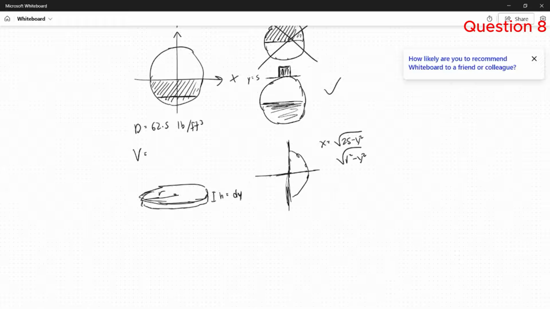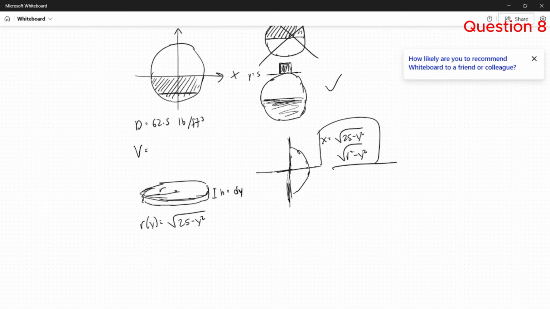We are given that the diameter of the sphere is 10 feet, which means the maximum radius would be 5 feet. 5 squared is equal to 25. This is how we get this function over here. That means that r, in this case, would be equal to the square root of 25 minus y squared.